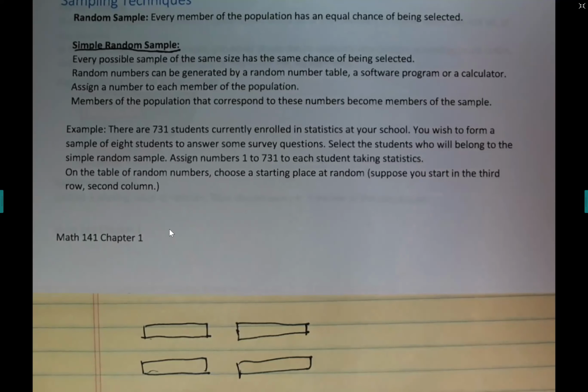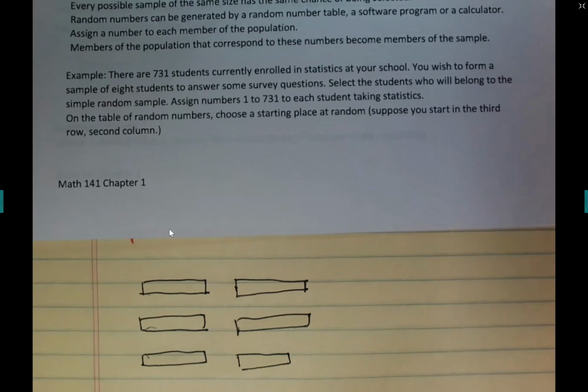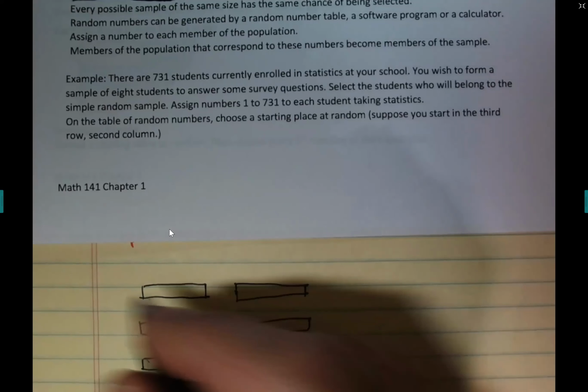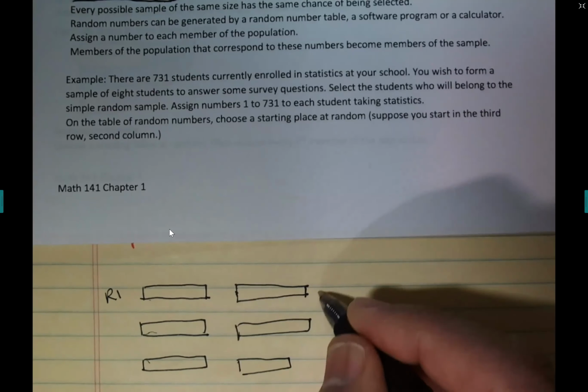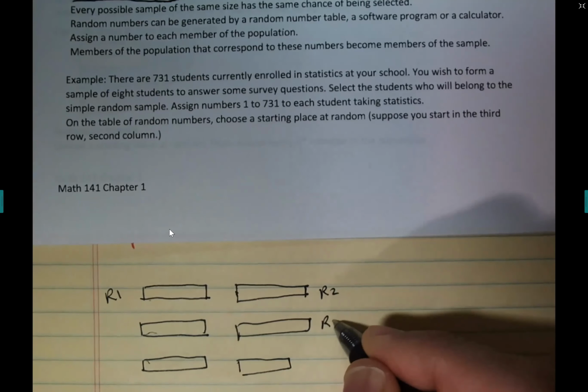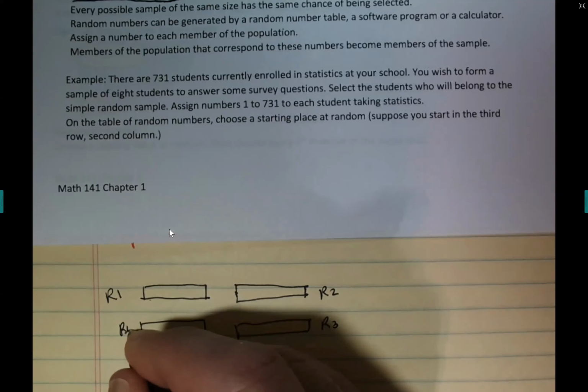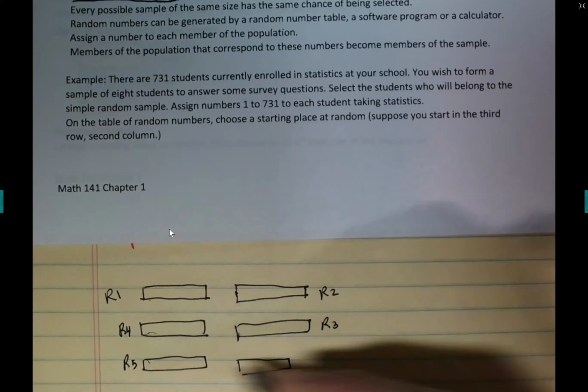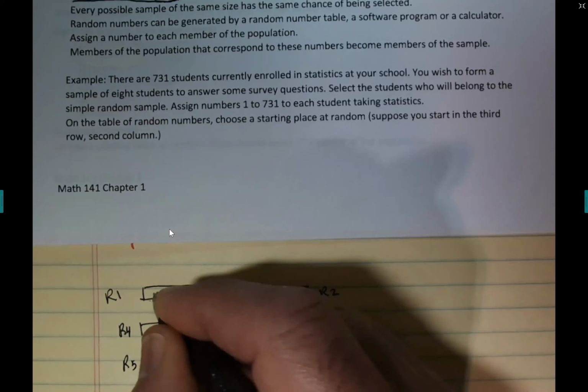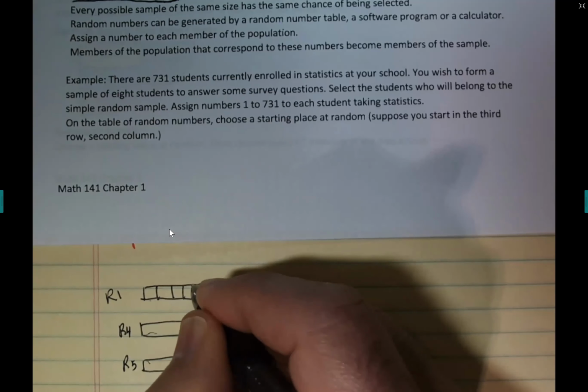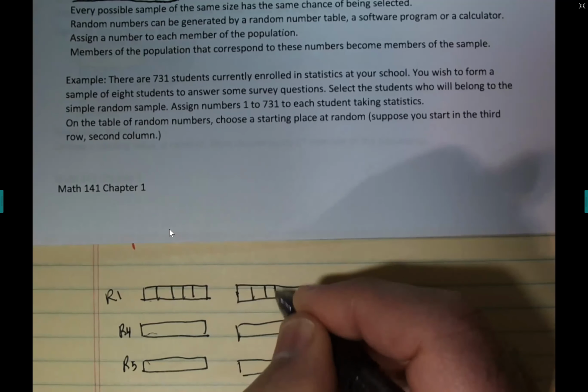Okay, that's row 1, row 2, row 3, row 4, row 5, row 6, and I have 5 students sitting in each row.